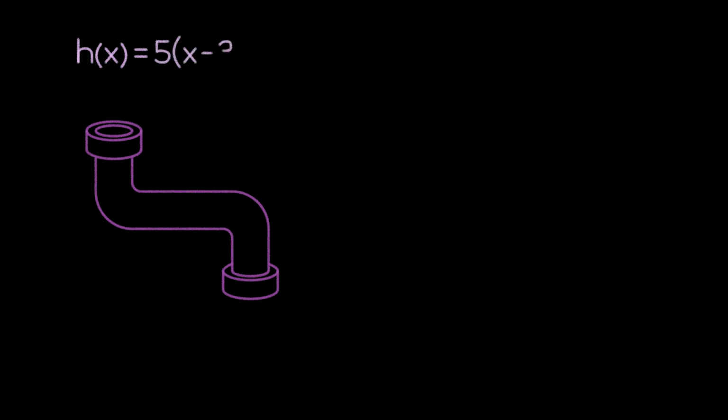Take this function, for example. If we want to convert this into a machine, we simply look at our input in the function rule and see what steps happen to it. The first step is that we're subtracting 3 from the input, and then our next step is to square that result. After that, we multiply by 5, and then we finish off by adding 12.